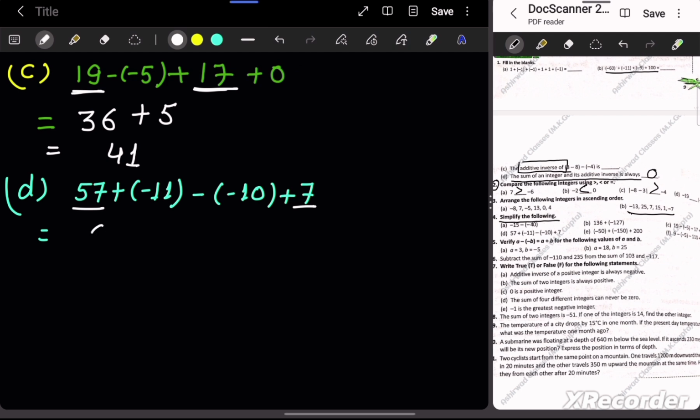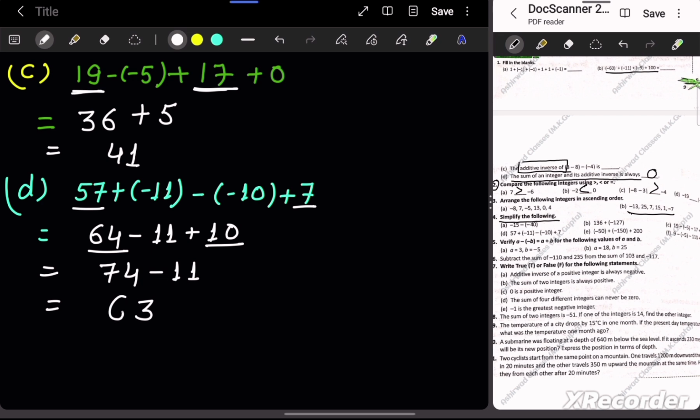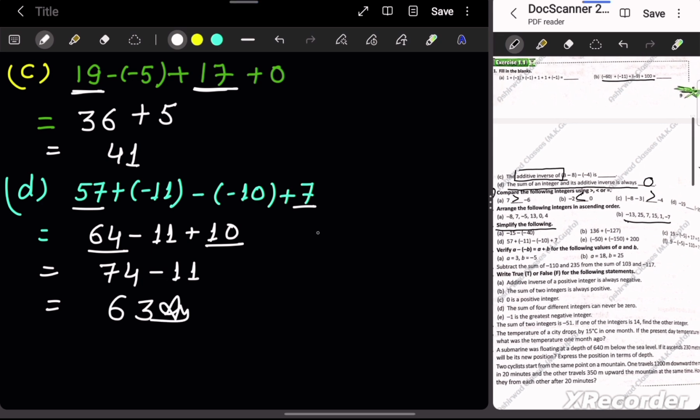So add: 64. Plus and minus 11 minus plus 10. 64 plus 10 is 74. 74 minus 11 is 63, and 7 minus 6. This is the answer.